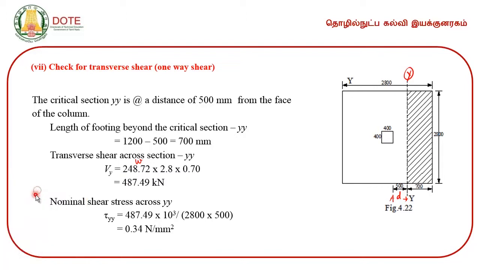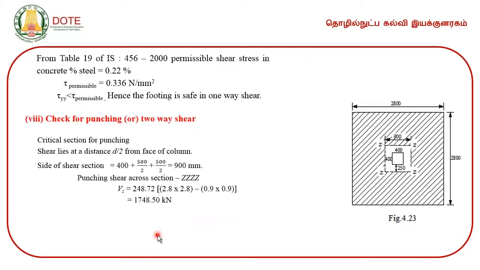And now, the nominal shear stress across the section y is the shear force divided by the area. So, the area is this. Now, the shear stress in the hatched area is found to be 0.34 Newton per millimeter square, and the permissible shear stress in the concrete for the percentage of steel 0.22 from Table 19 of IS 456 2000 is found to be 0.336 Newton per millimeter square.